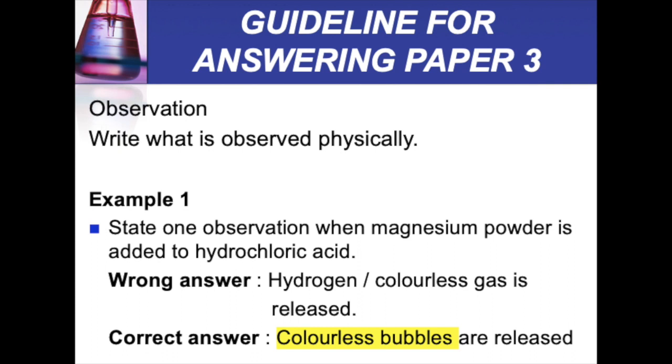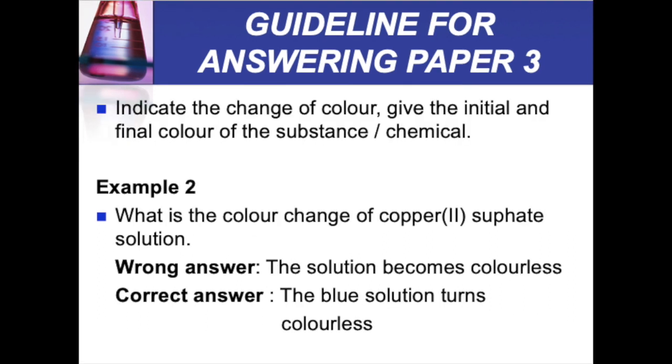Just a simple example: can you see oxygen gas in front of you? You can't, right? So if you tell me oxygen gas is produced, or hydrogen gas is produced, this is never an observation because you cannot see them. But if you tell me colorless bubbles are liberated, yes, that will be our observation.